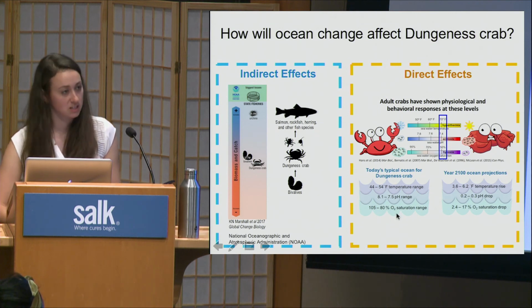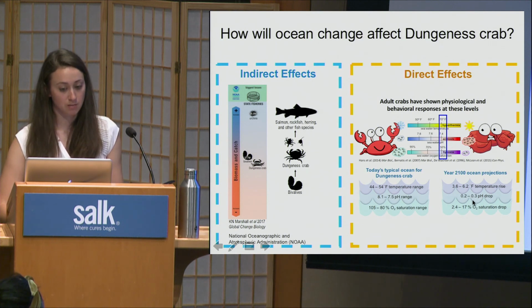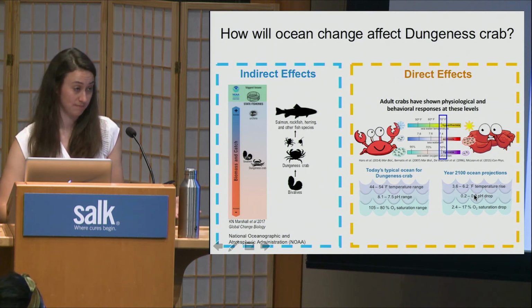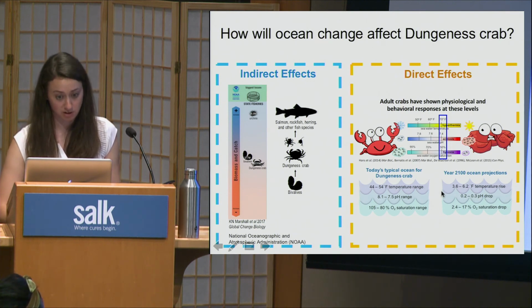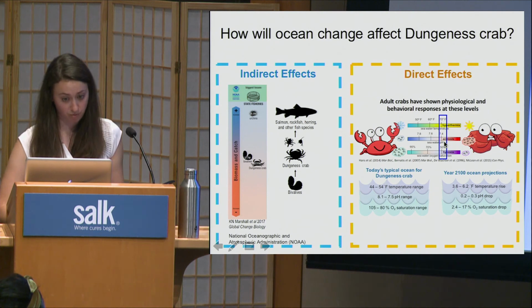So these are today's conditions. The conditions that were picked in the experiment were meant to mimic these 2100 conditions, the future conditions. The pH used in the experiment, I believe, was 7.4, which is down here.